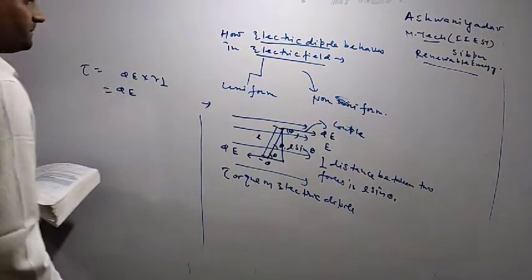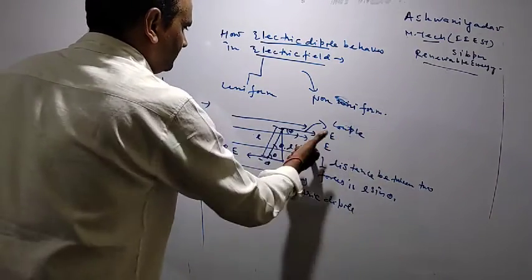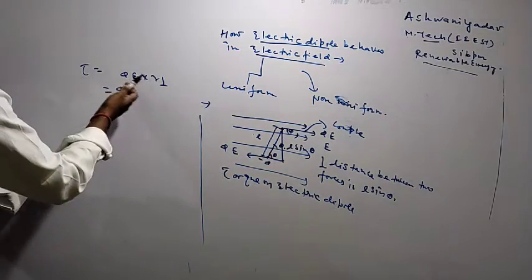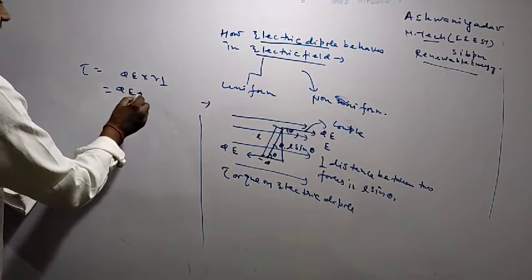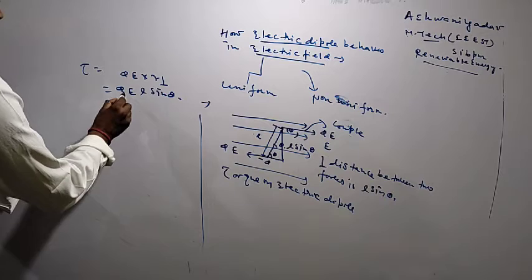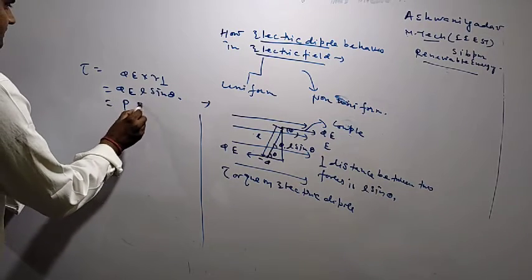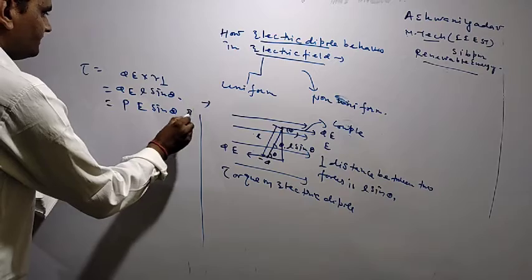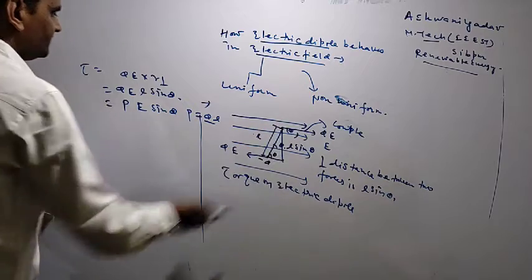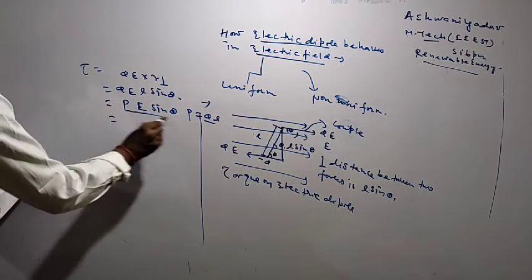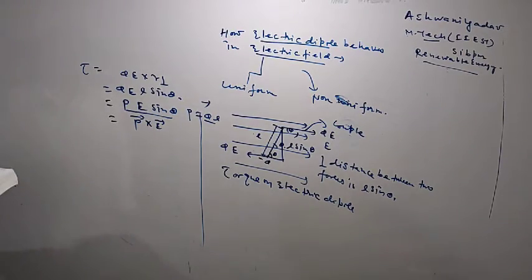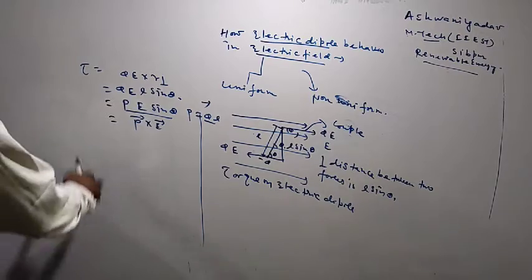Couple means two forces anti-parallel, having some separation. So we have QE into R perpendicular. R perpendicular is nothing but L sine theta. P E sine theta. Dipole moment P is equal to Q into L, charge into distance. So you can express as a vector cross product of two vectors, P cross E. So this is your torque.